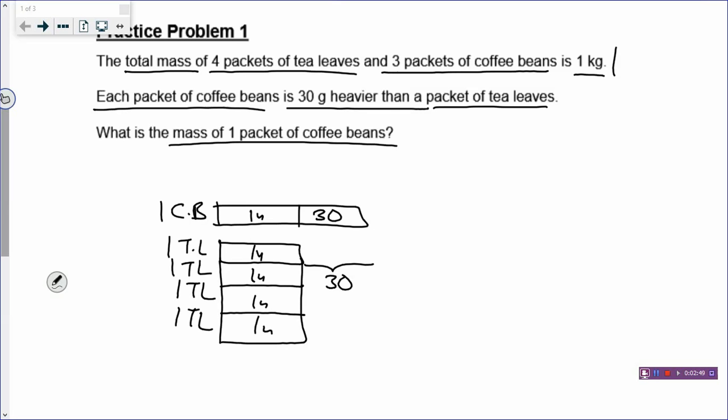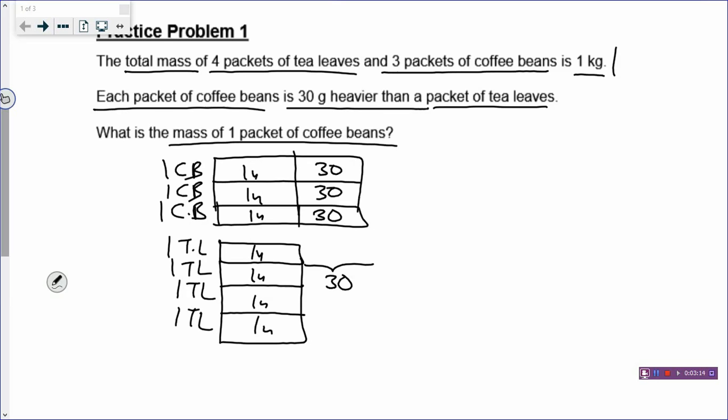Alright, that's how you stack down. Alright, then you have 3 packets of coffee beans. So you stack up your rectangle, and you cut 2 more rows, and now you have 3 packets of coffee beans, and you make the model all look identical by doing something like this. So you have all the units on the left side and all the units on the right side.